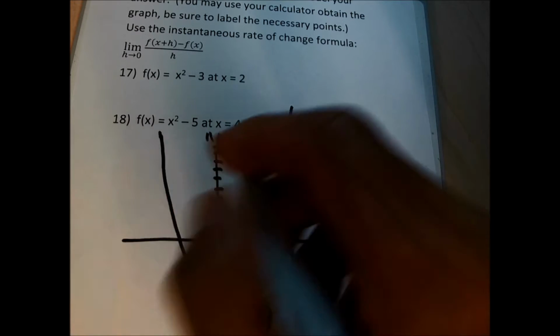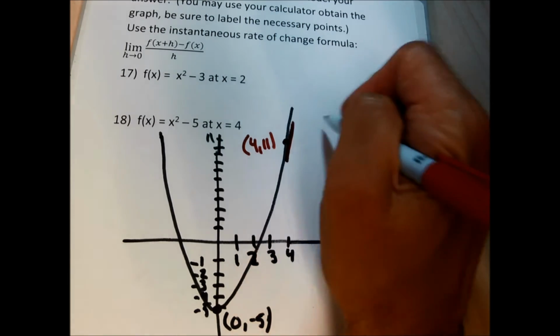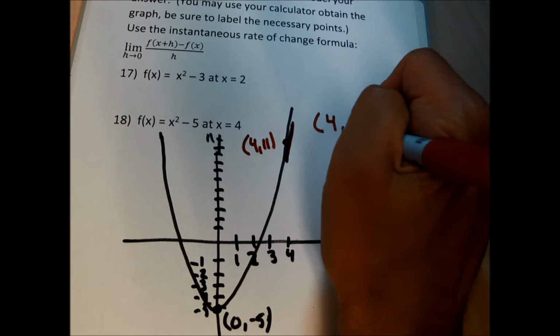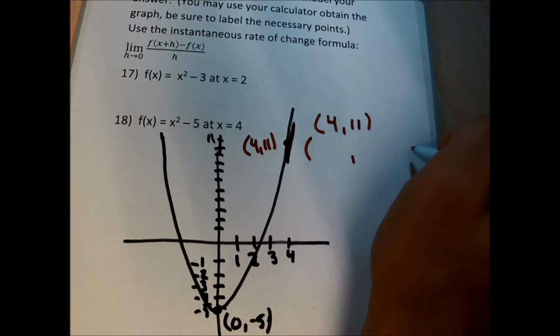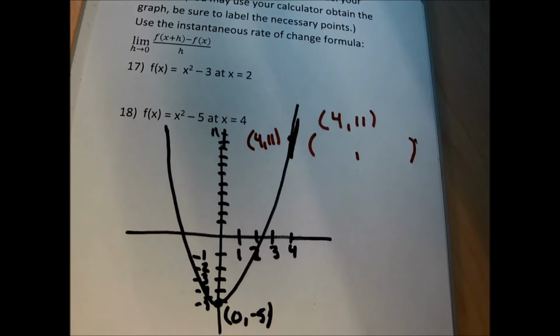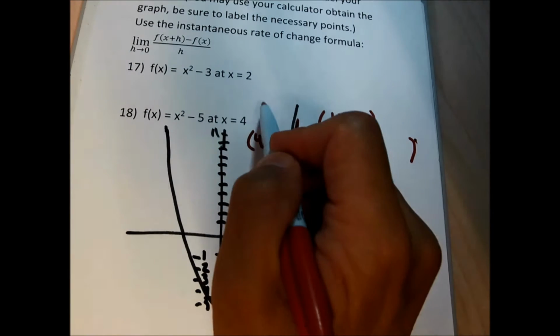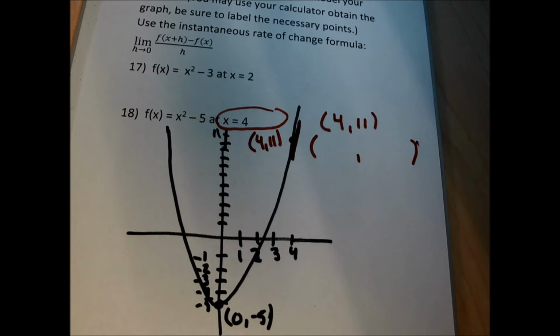So the first point that I found was the point 4, 11. So an instantaneous rate of change is an average rate of change of 2 points that are microscopically close. And unfortunately, I didn't take the time to give you a second value for x, and that was on purpose. The second value for x needs to be arbitrarily close to 4.